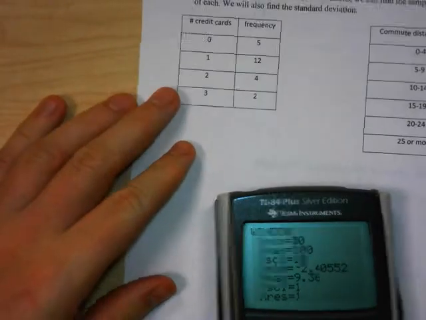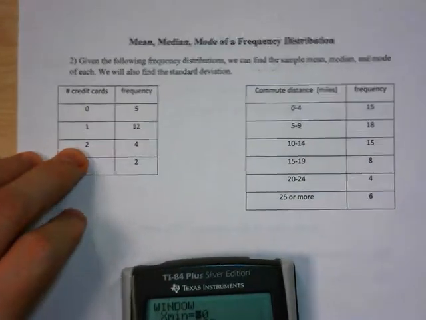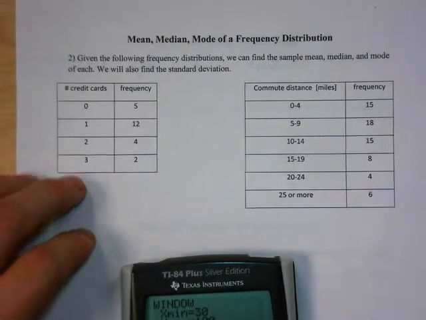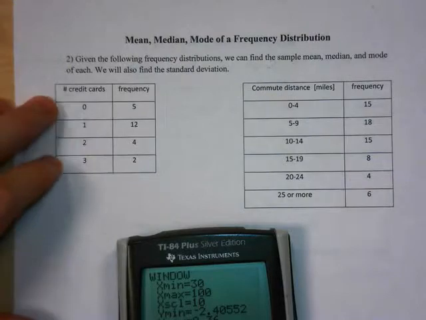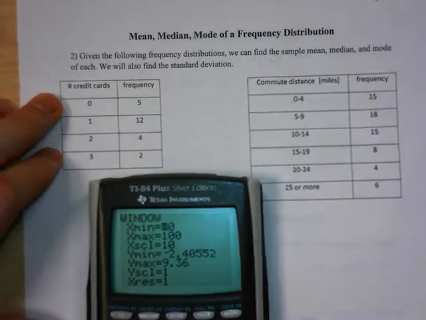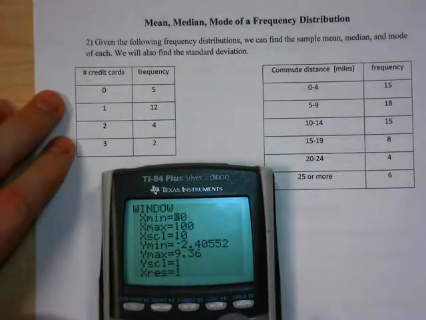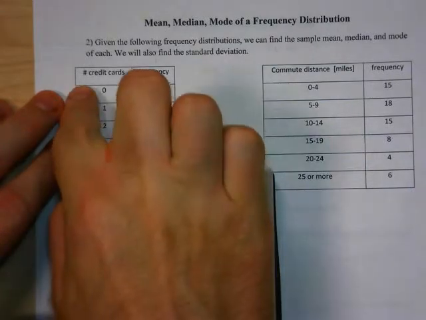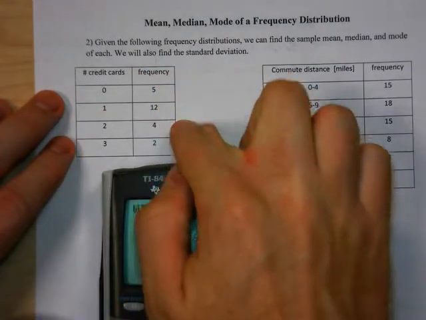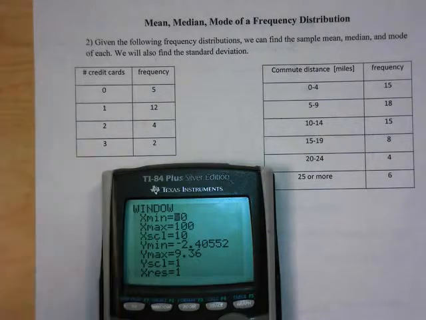The last couple of things to look at are if you're given a frequency distribution. The difference now is we don't have a list of data. We have our x value and a frequency. So rather than just a list of numbers, now we have numbers and their frequency.